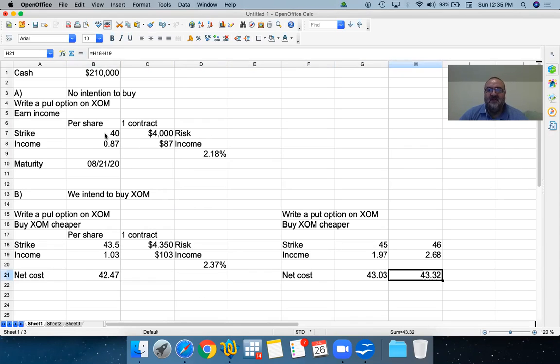Now, there is an unintended benefit to writing a cash covered put if you are an institution and if you are buying a huge amount of stock without sending a signal to the market that you're buying this much of this stock.